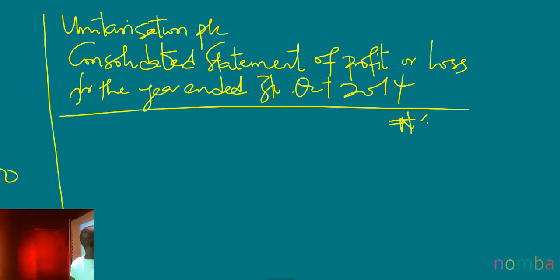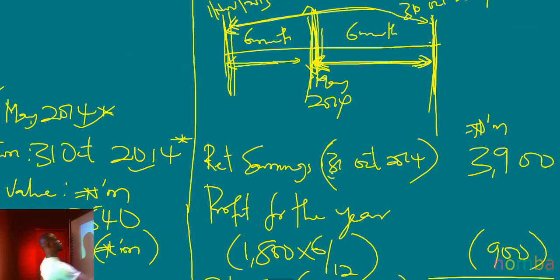And I have my Naira value. Okay, so we are going to go to the question and start picking the figures one by one. Then we'll transfer the consolidated amount into the consolidated statement of profit or loss. So let's go to the question.